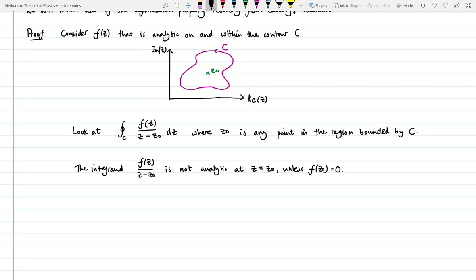We specified that f of z is analytic on and within the contour C. In the integrand, the only point where it could not be analytic is at the special point z naught, because then the denominator equals 0.